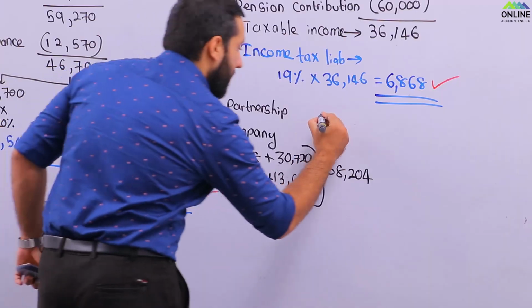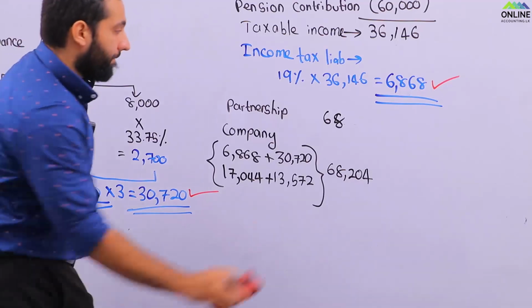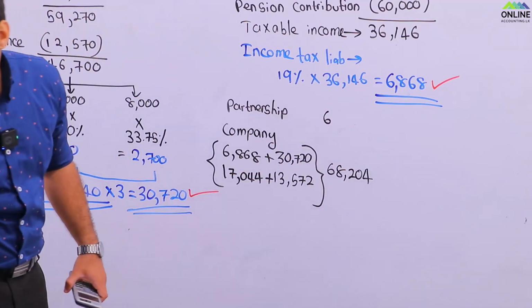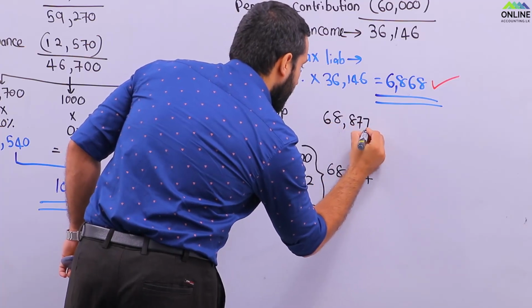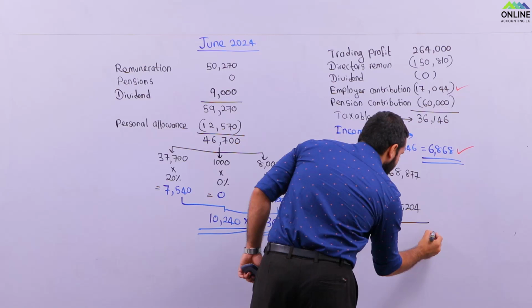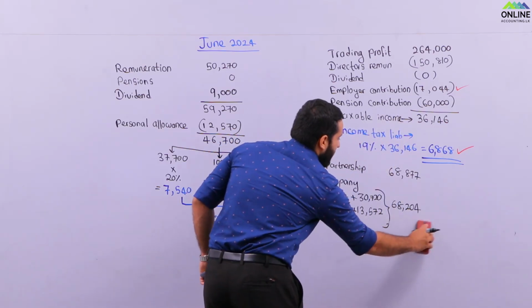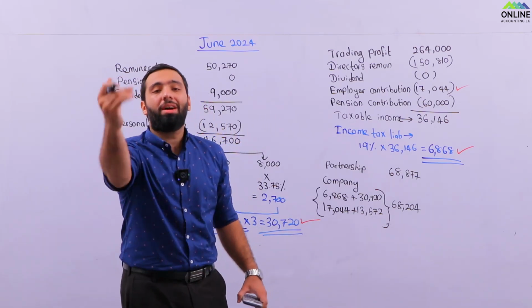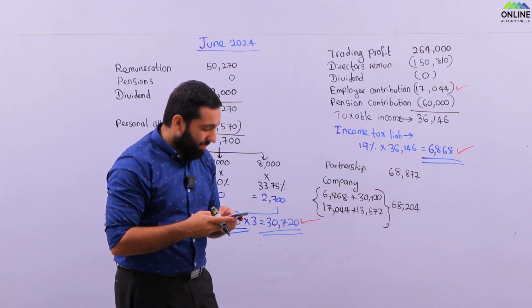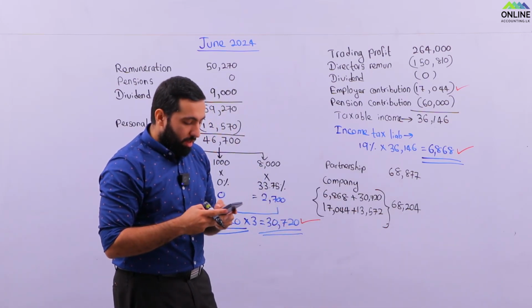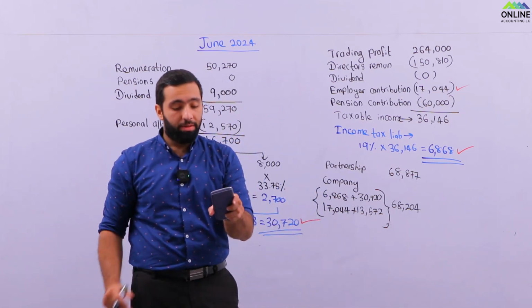That is before registering as a company. So what is the saving? The examiner is asking what is the saving, the saving by registering your business as a company. Then if you reduce this amount from this, it will give you 673 of savings. Yes, this is very important.